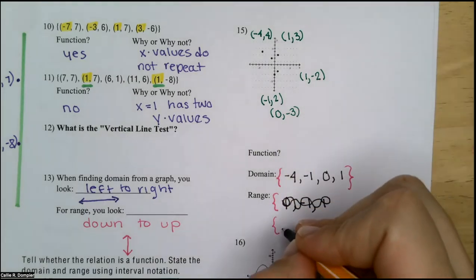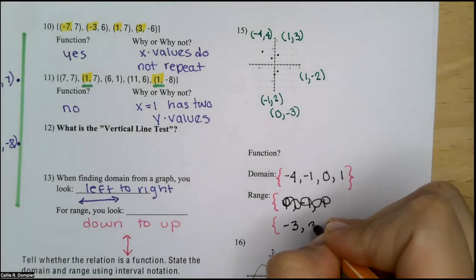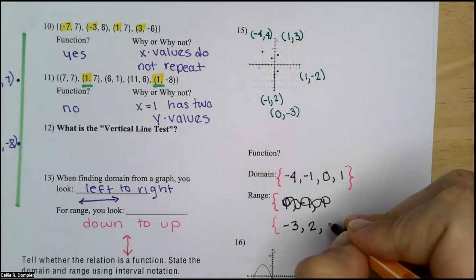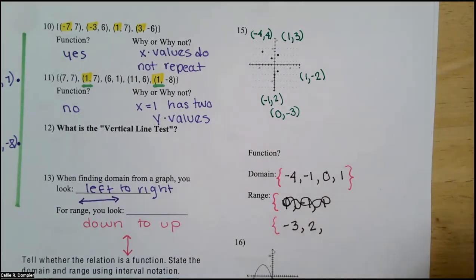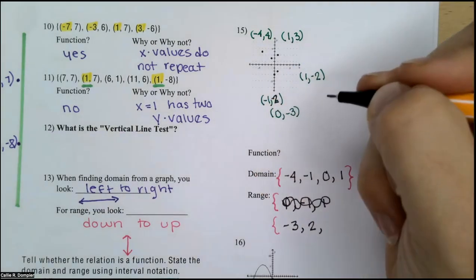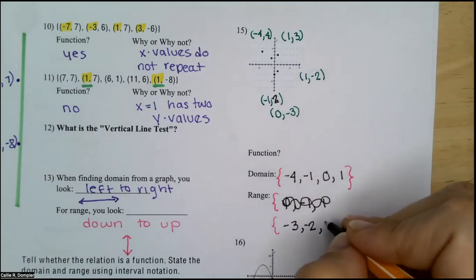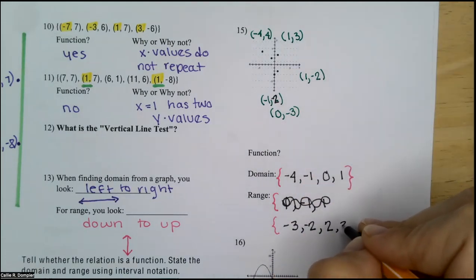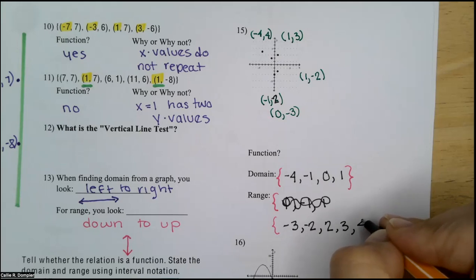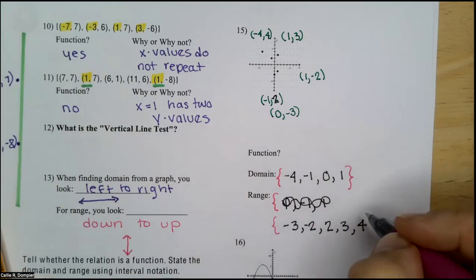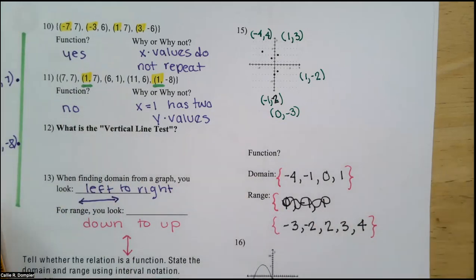My range is -3, -2, 2, 3, 4. That's my range. Is it a function?